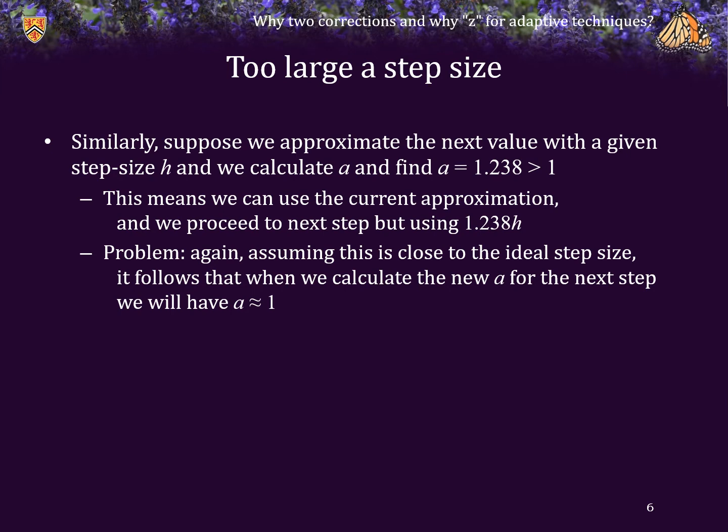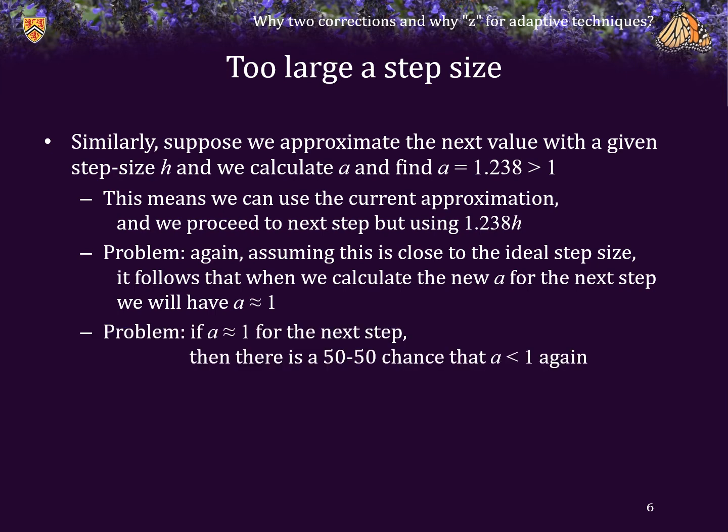Problem. Again, assuming that this is close to the ideal step size, it follows that when we calculate the new scaling factor a for the next step, we will once again have a very close to 1.